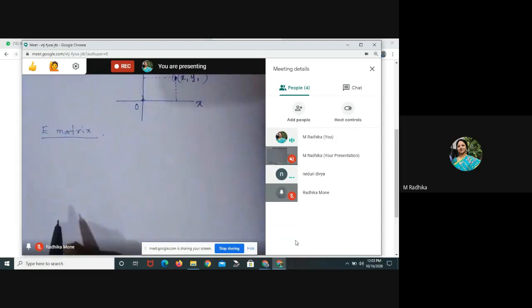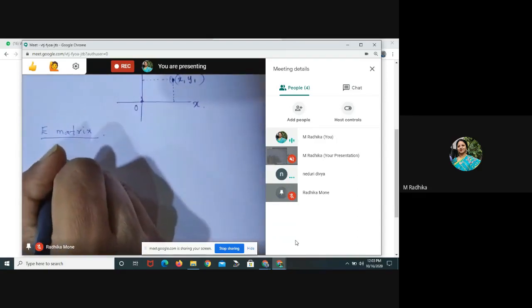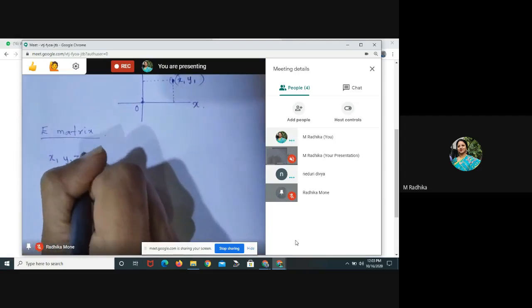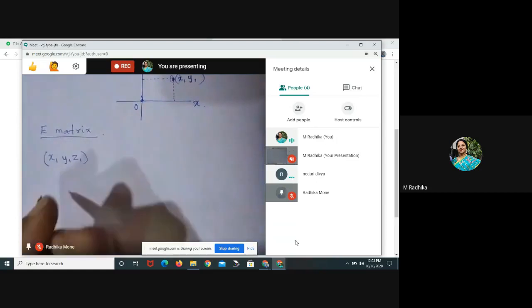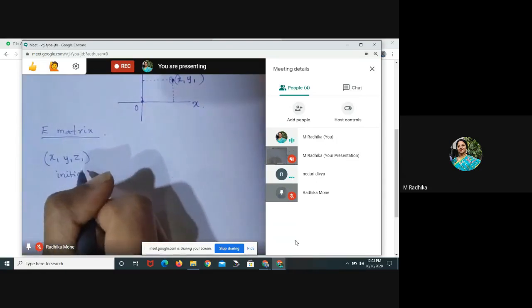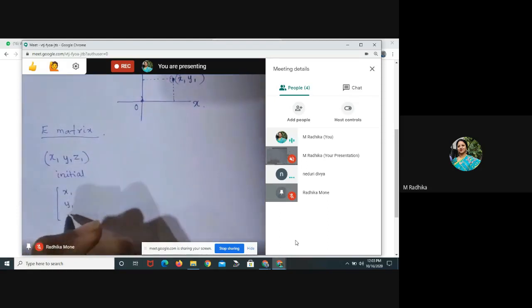Before, the point position I was explaining was x1, y1 and z1. I can represent it this way, or I can represent it in the form of x1, y1 and z1.